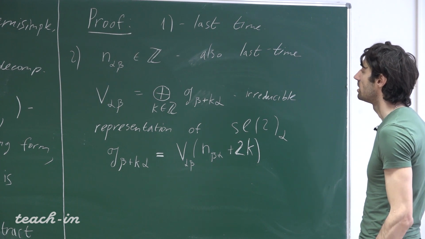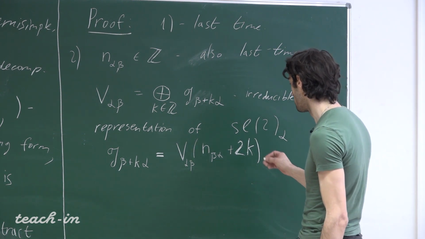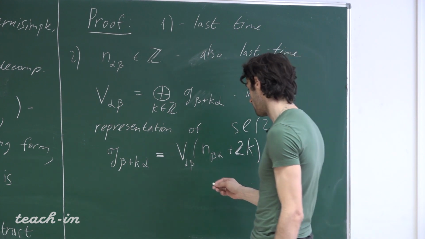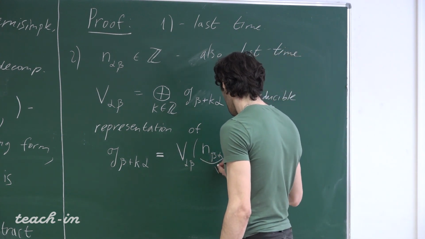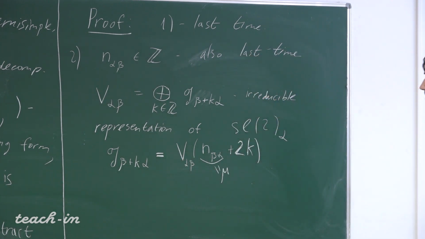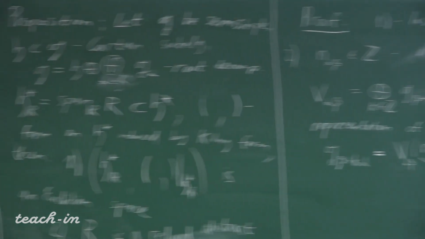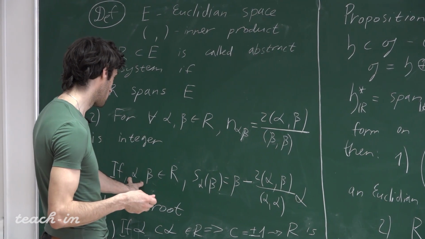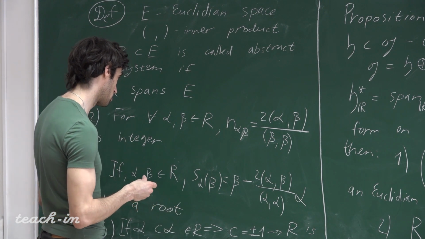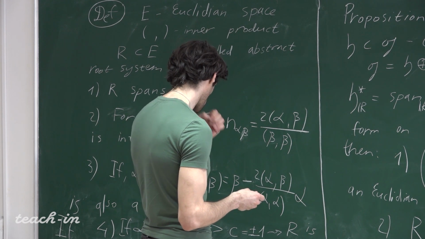So that was what we had. Again, let me fix alpha and beta and denote this as mu. So I'm going to prove that if my alpha and beta are roots, then the reflection is also a root. Okay.